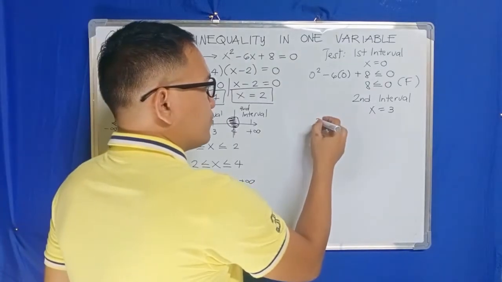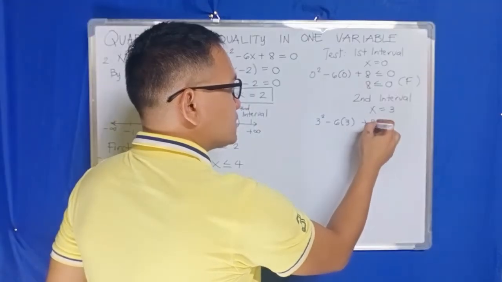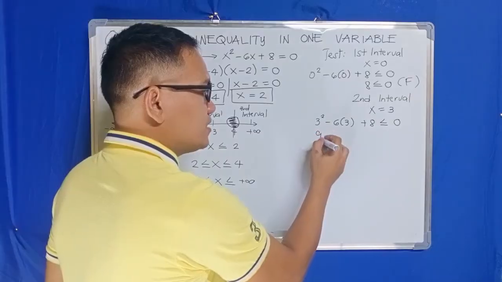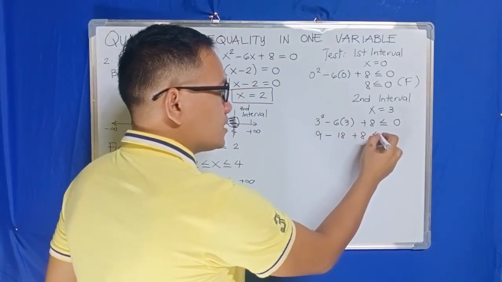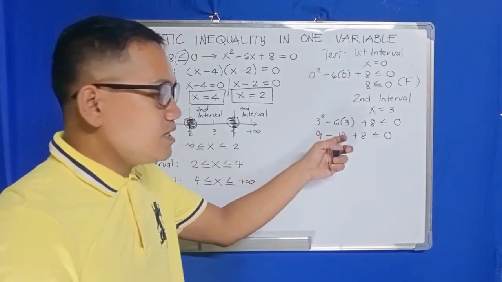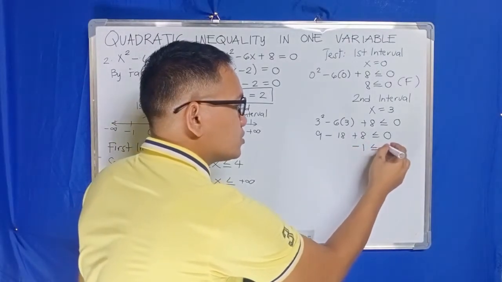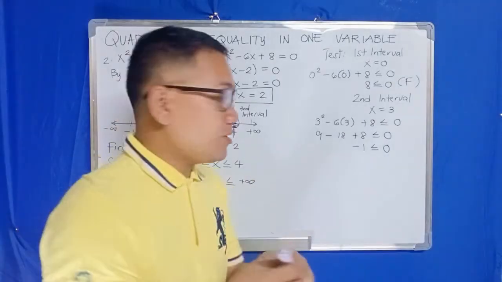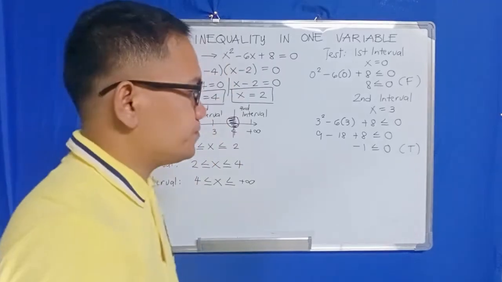So we will have 3 squared minus 6 times 3 plus 8 less than or equal to 0. So 3 squared, that is 9. 6 times 3, that is 18. Plus 8 less than or equal to 0. To simplify, 9 minus 18 plus 8, we have negative 1 less than or equal to 0. Of course, negative 1 is less than 0. That means the idea is considered to be a true solution.